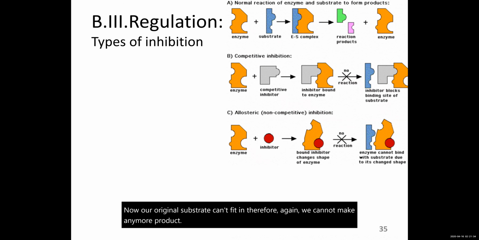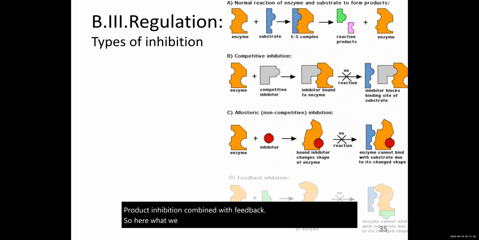And then the last one that we were dealing with that kind of includes this system is our product inhibition combined with feedback. So here what we have is the product.